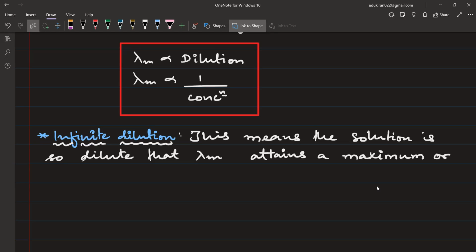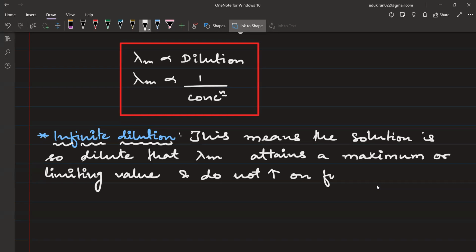Maximum or limiting value, and does not increase on further dilution.